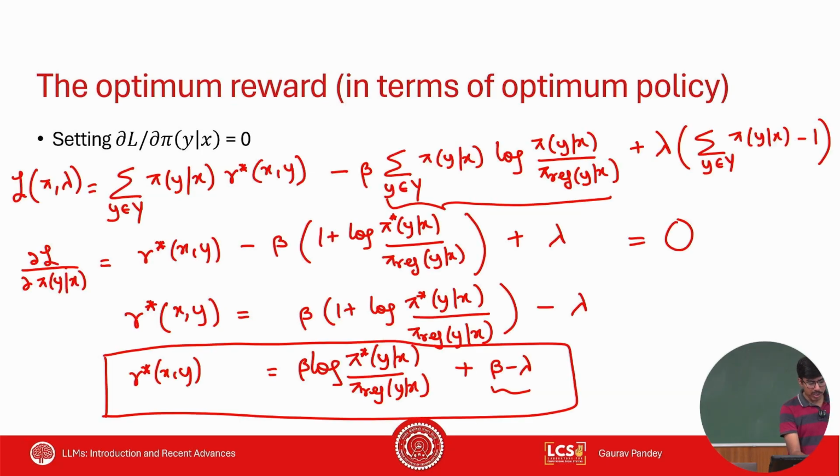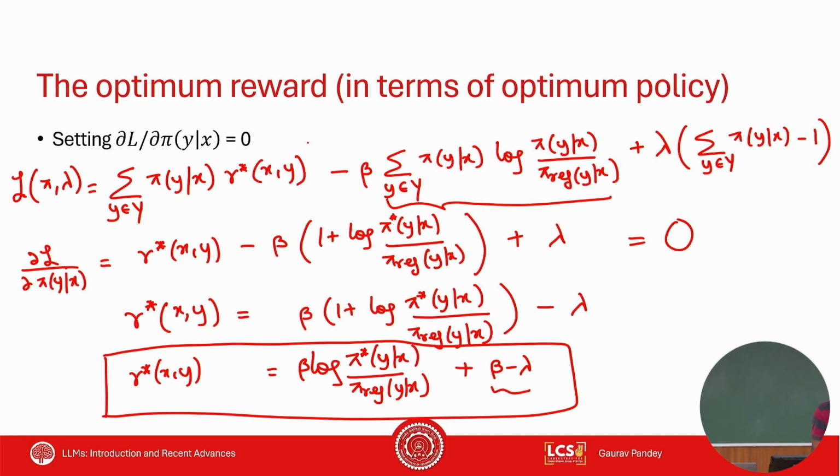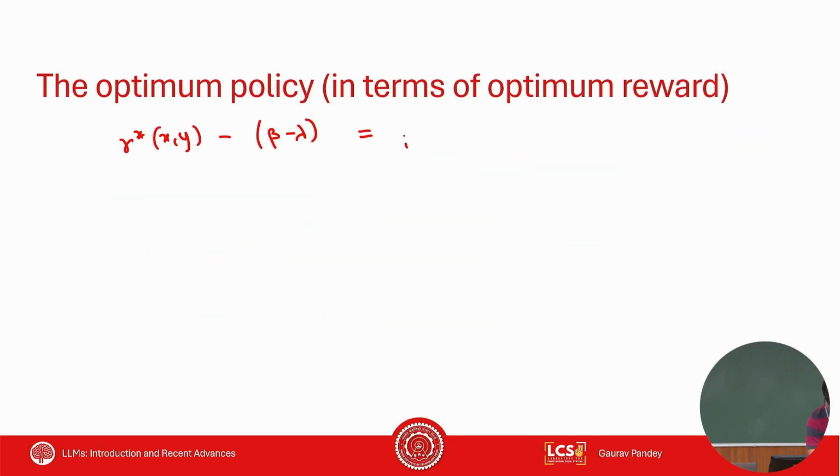So this is the optimum reward in terms of optimum policy. What will be the optimum policy in terms of optimum reward? Just move the terms here and there, and that will tell you. So let's rearrange the terms. R star x comma y minus (beta minus lambda) is equal to beta times log of pi star y given x over pi ref.